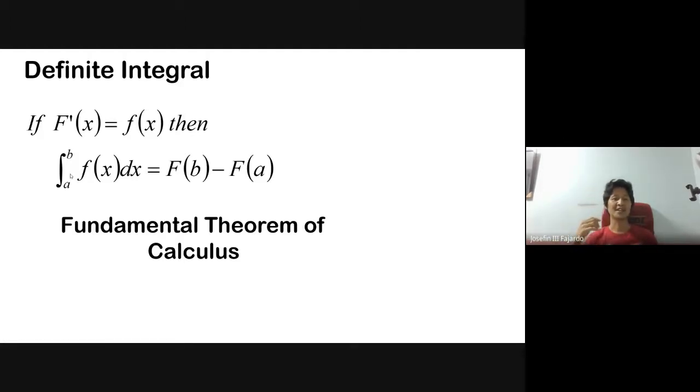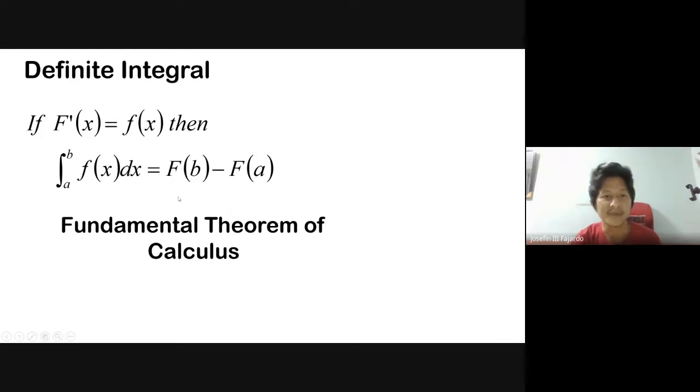So to get the definite integral of small f of x dx from a to b, all we have to do is to get the integral of small f of x, which is capital F, and then afterwards we just substitute the upper, which is F of b, minus the lower bound, which is small a, and substitute that to the integral of your small f. Okay?